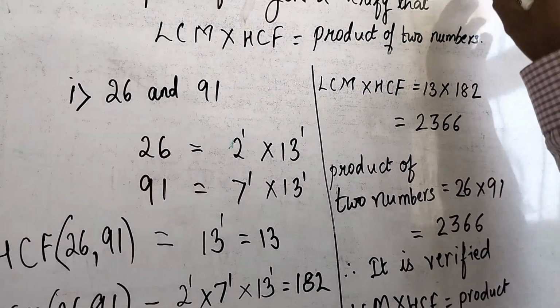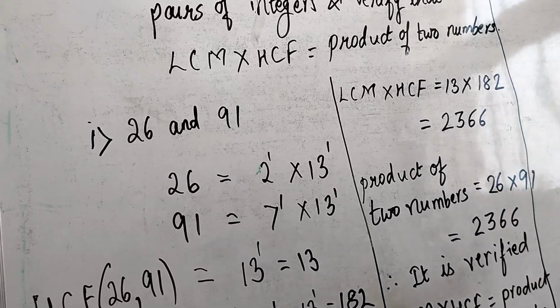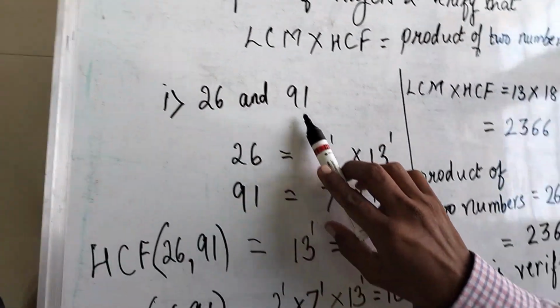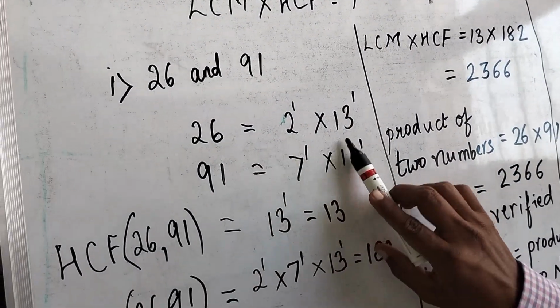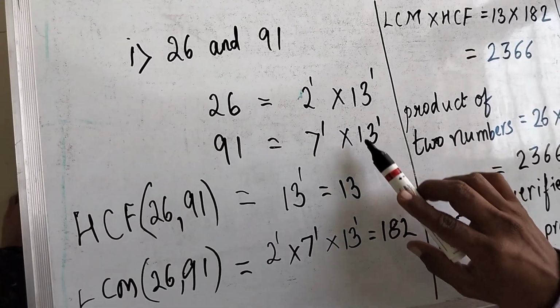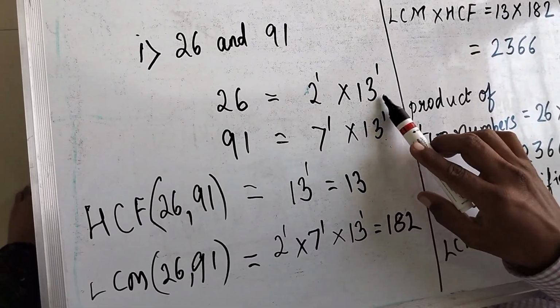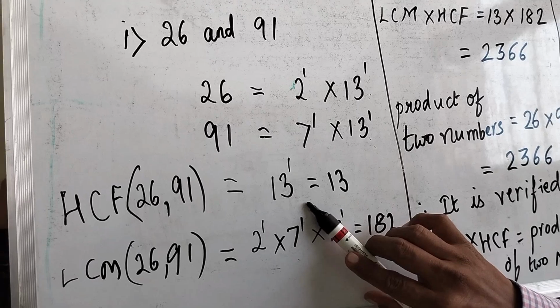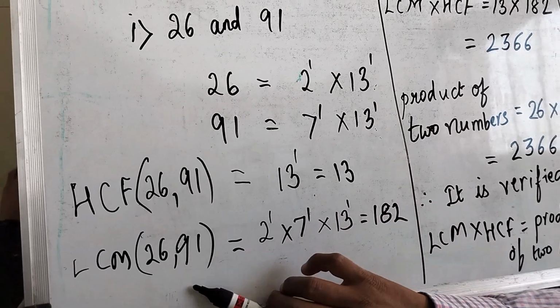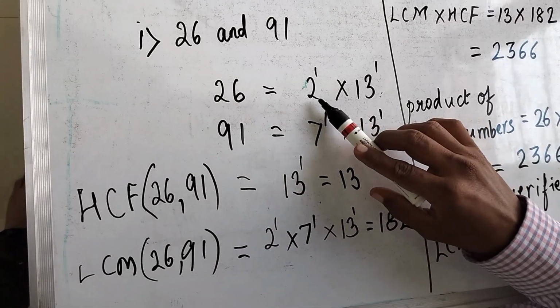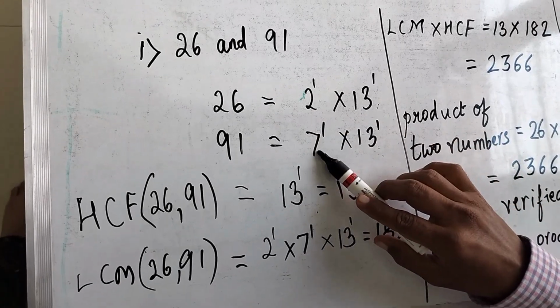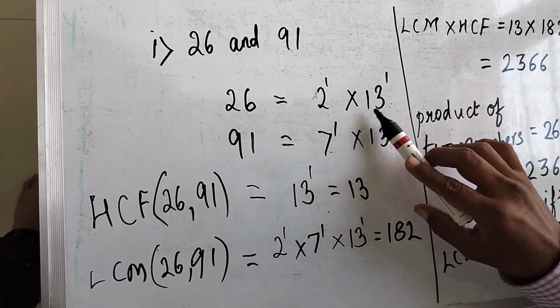I hope you have understood this sum also. In this you have to find the factors of the two numbers, and the smallest power of the common factors is the HCF. For LCM, what you are going to take? Consider all the prime factors with the greatest power.